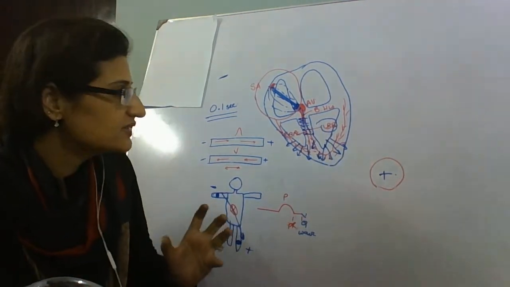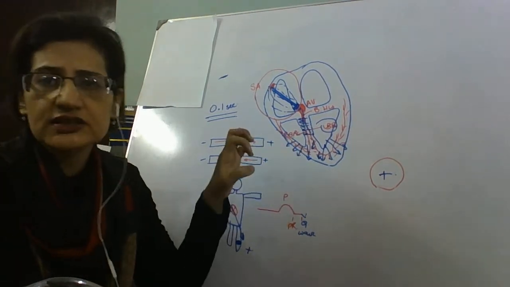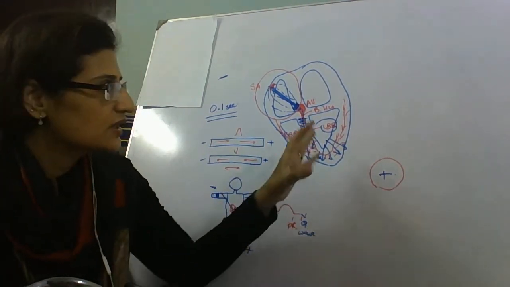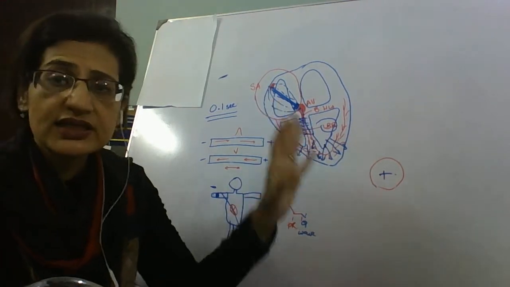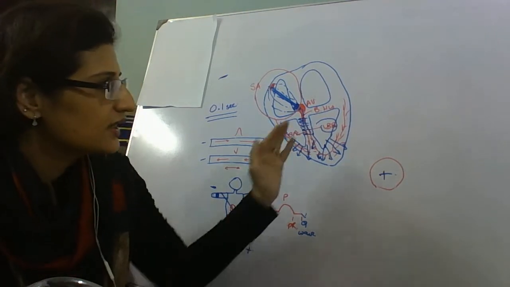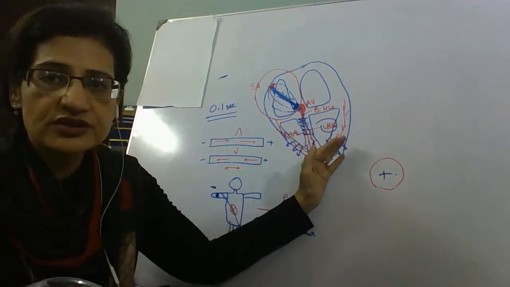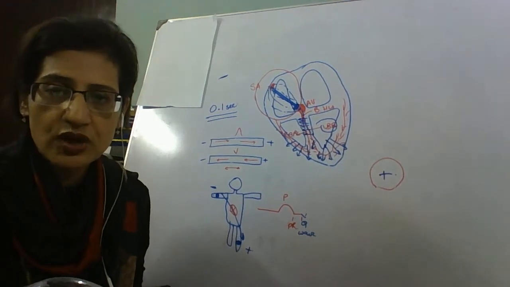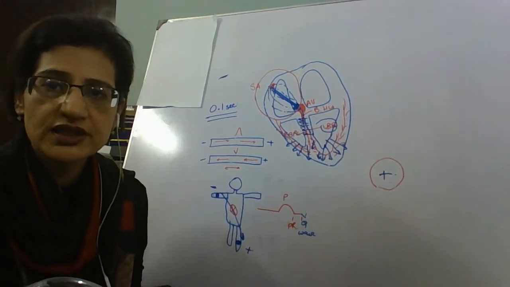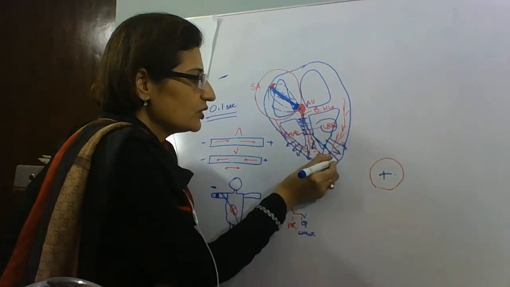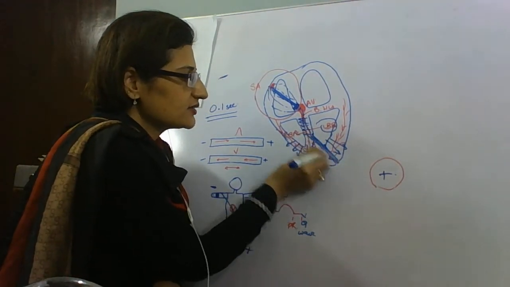So what happens is, despite the fact that the right ventricle is also discharging impulses, when you talk about the net vector, the impulses are predominantly towards the left side. So outwards and towards the left side. So the net vector would look somewhat like this.